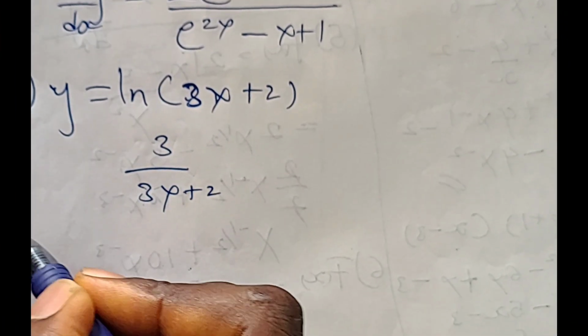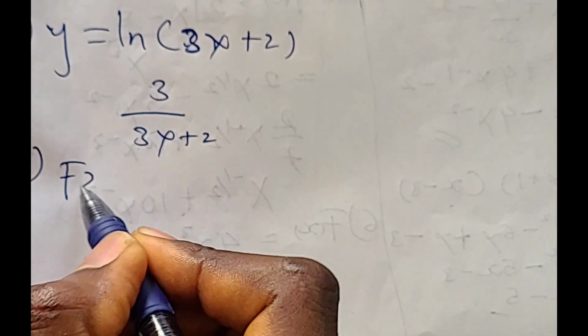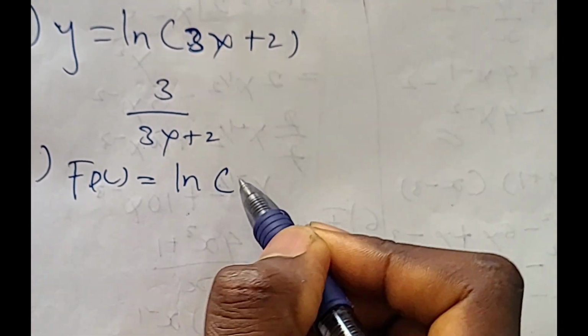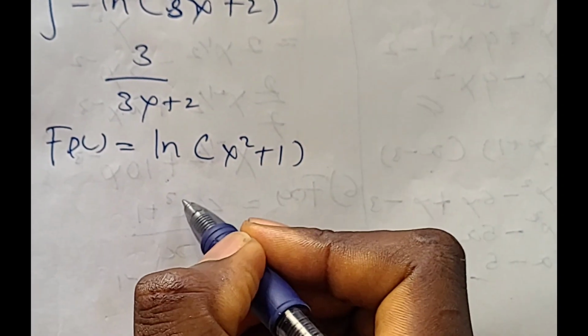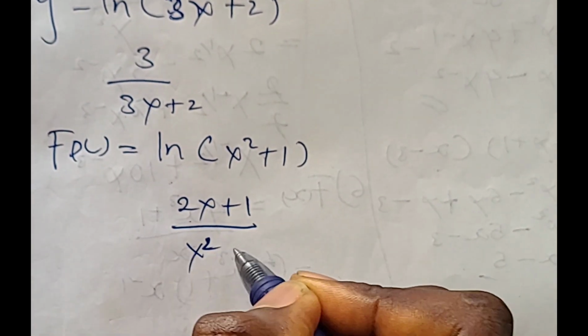So this is the answer for number 3. Number 4 says f of x equals ln(x squared plus 1). So you differentiate it, 2x over x squared plus 1.